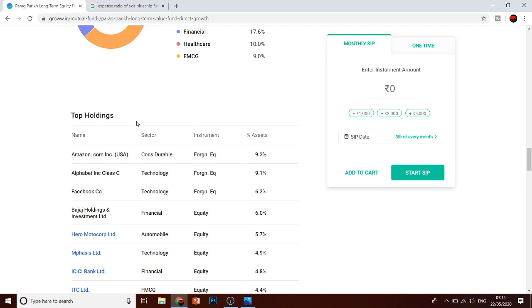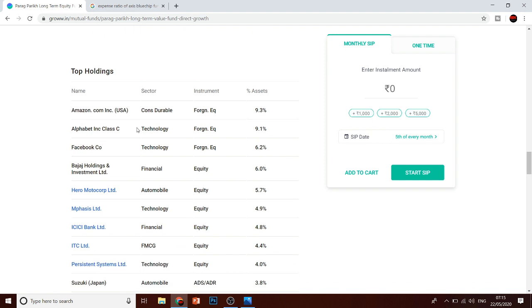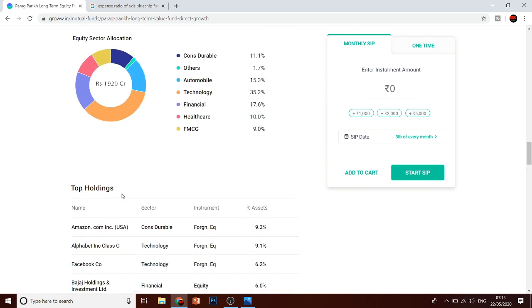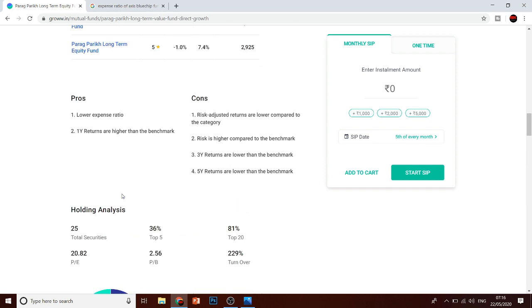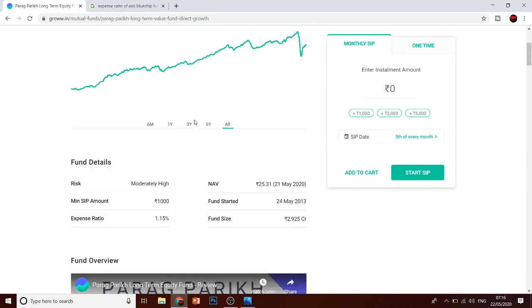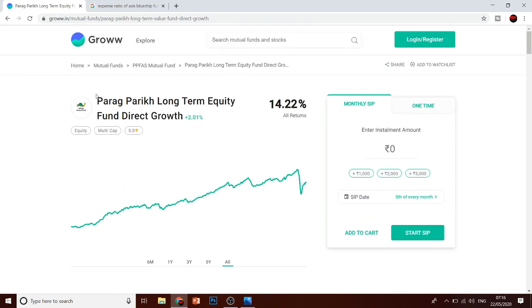And you can see the top holdings here, which is Amazon.com, in which the fund has invested 9.3% of its total assets, Alphabet, Facebook, Bajaj Holdings, Hero Motocorp. Now you can see that all these companies have been in the top holdings of this particular fund, that is the Parag Parikh Long Term Equity Fund.